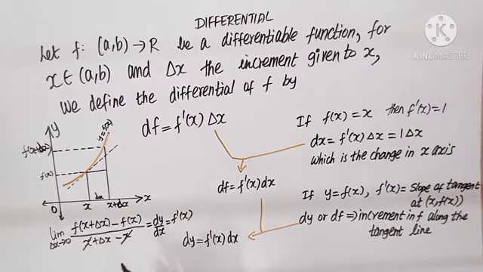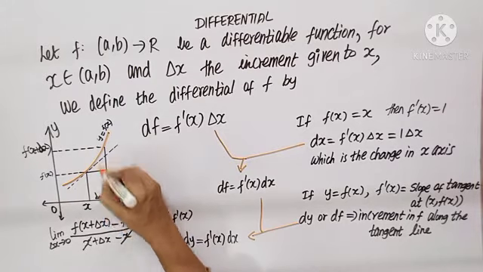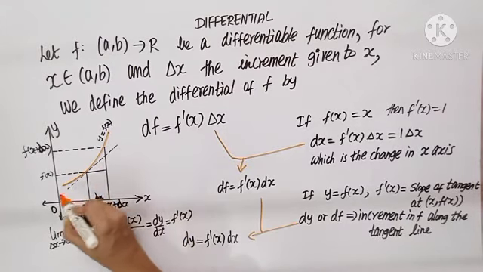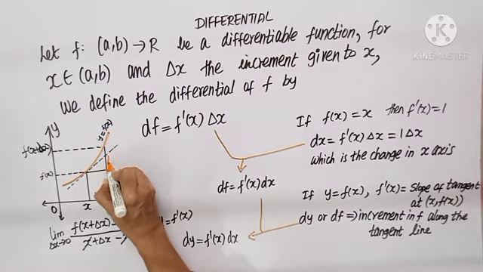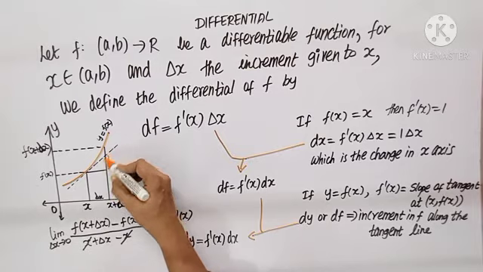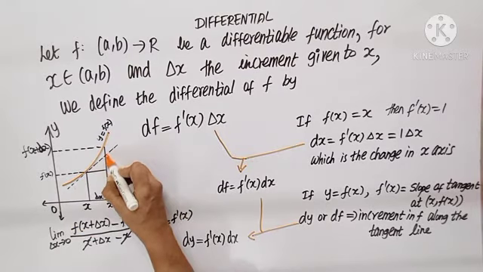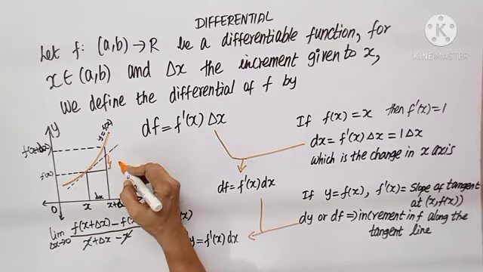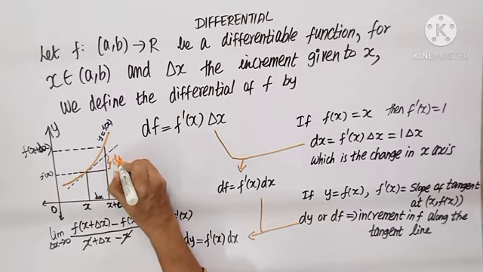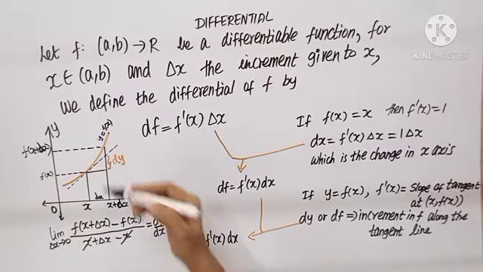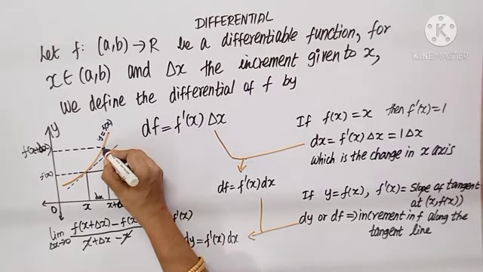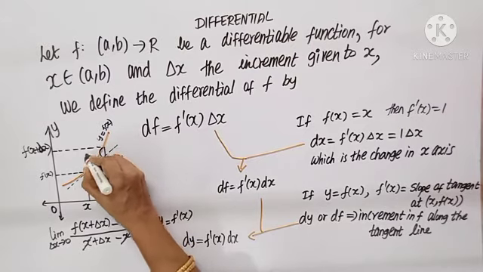Is it the same when I come to del y and dy? We must know. The line, when I check, the tangent line is there, the curve is there. This small distance, the change in y value with respect to the tangent line, I call dy, whereas the full change with the curve I call del y.